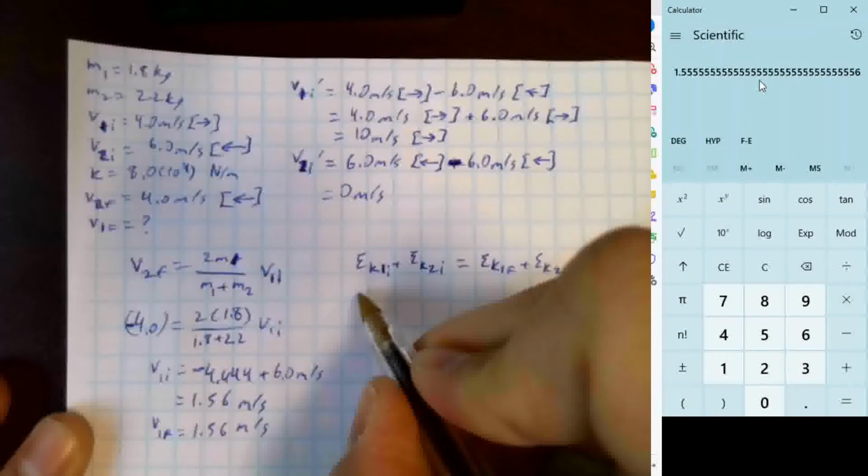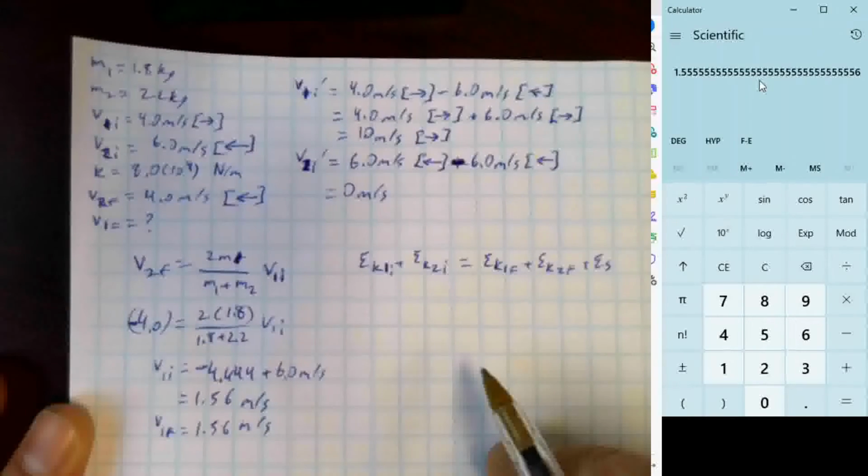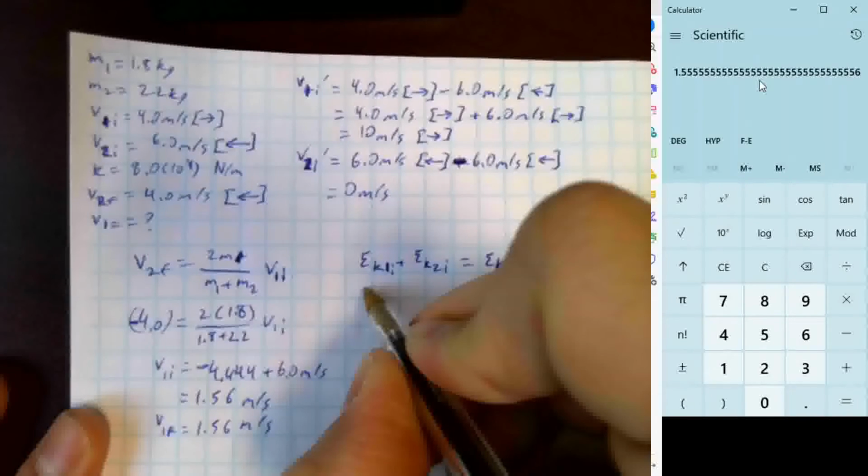And in this case here, I'll write out all of these, and I'll show you what we can remove.